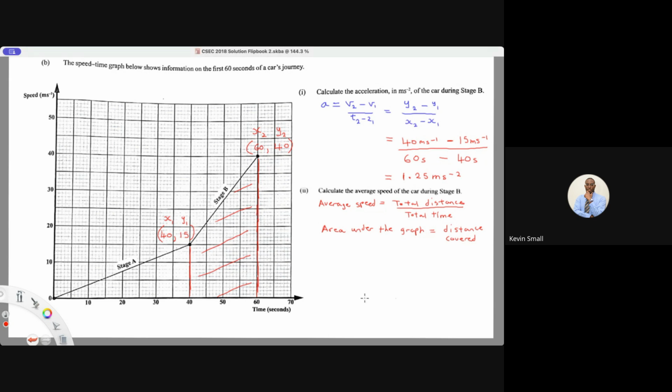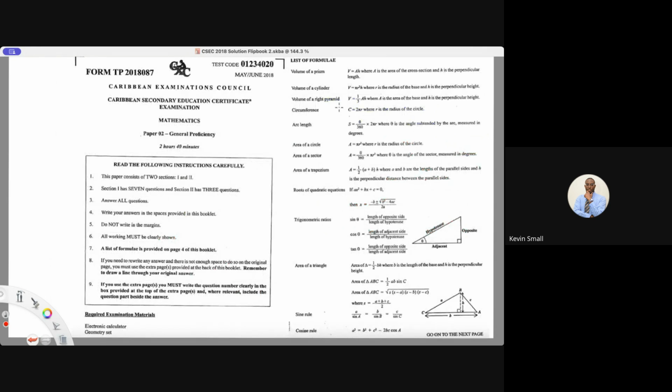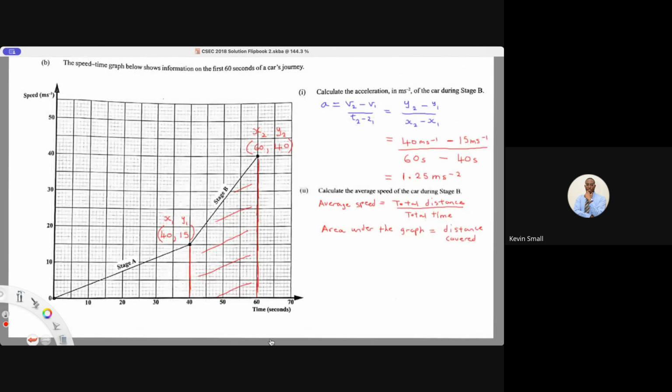Now, if you really forget, always go back to the front of the paper and look. The trapezium formula is usually on the front page somewhere. It's right here. See, half (a plus b) times h, where h is the height that is perpendicular to the two parallel sides. So let's go back to the question.